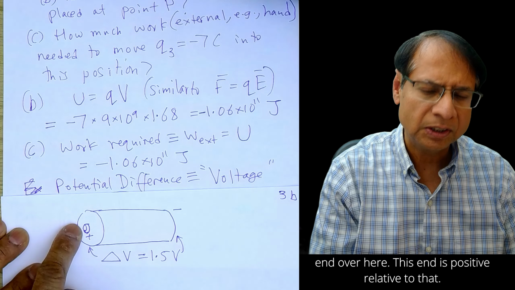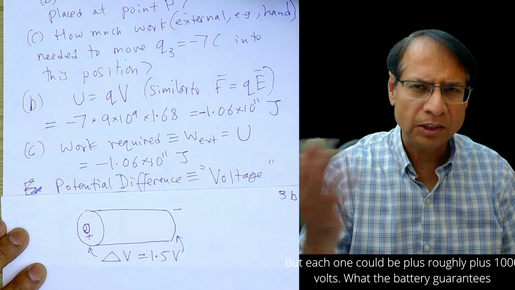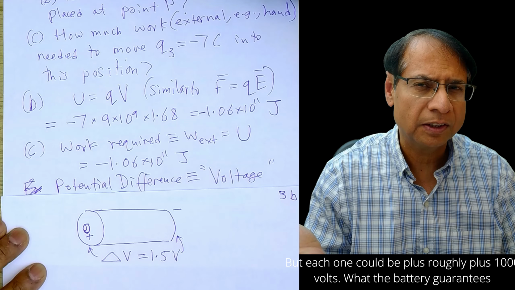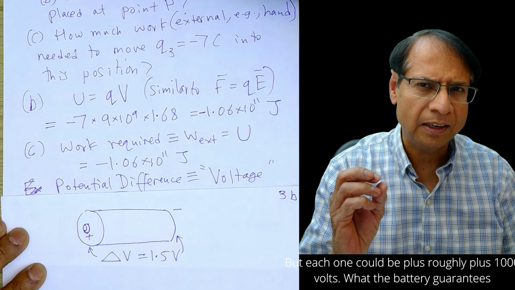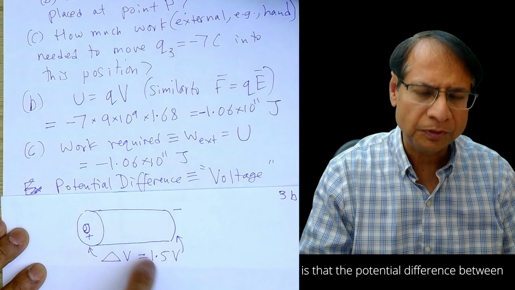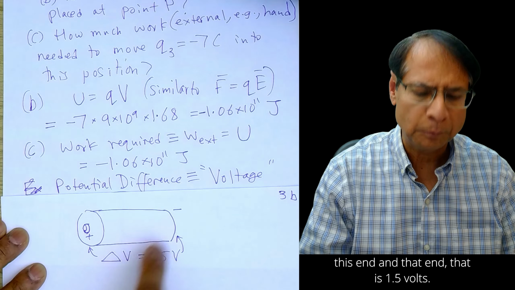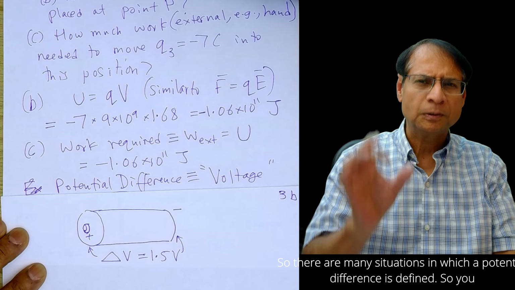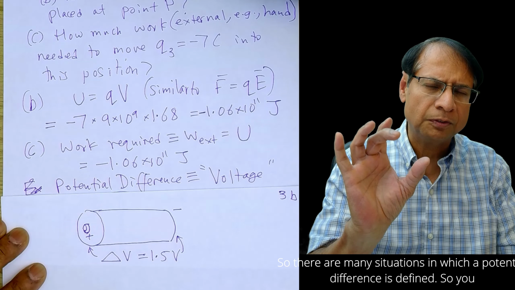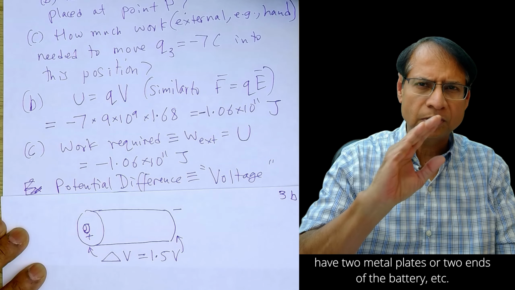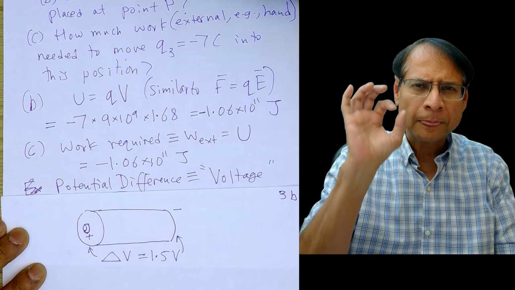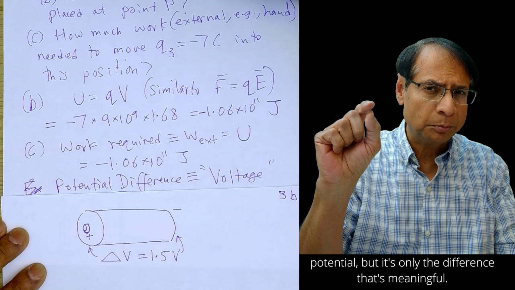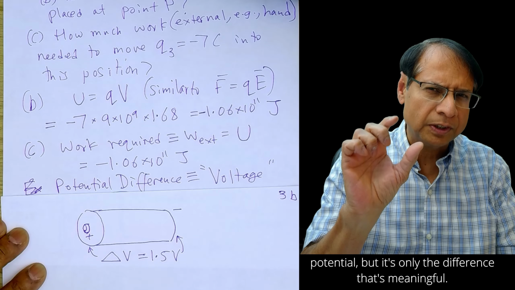This end is positive relative to that, but each one could be roughly plus 1000 volts. What the battery guarantees is that the potential difference between this end and that end is 1.5 volts. So there are many situations in which a potential difference is defined. So you have two metal plates or two ends of the battery, etc. They have different potentials, but it's only the difference that's meaningful.